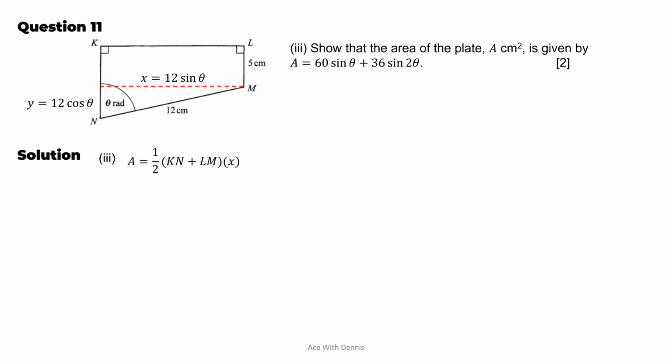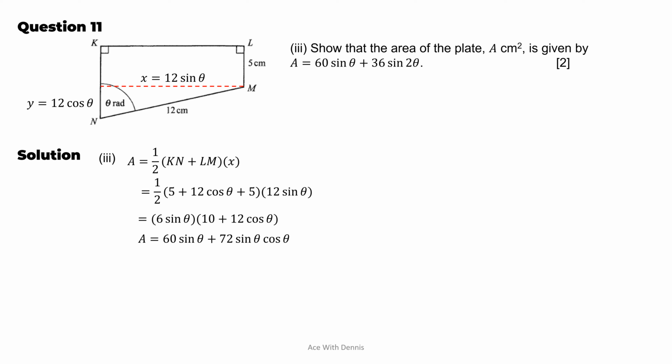So the area of this trapezium will be half times KN plus LM times x. Just substitute the values here, which is half times 5 plus 12 cosine theta plus 5, times 12 sine theta. Simplify and expand, we get the area will be 60 sine theta plus 72 sine theta cosine theta.